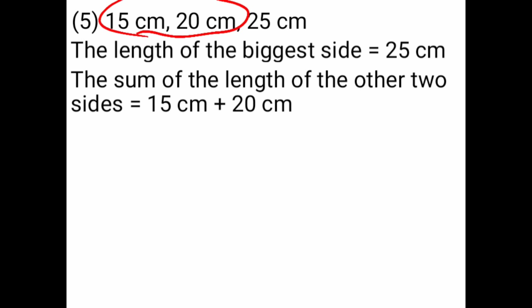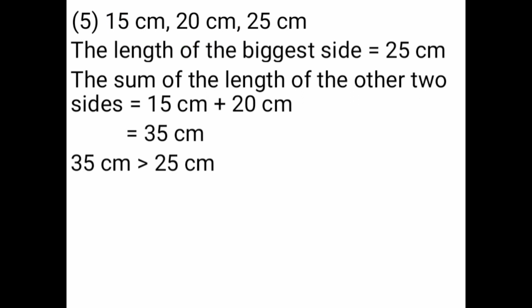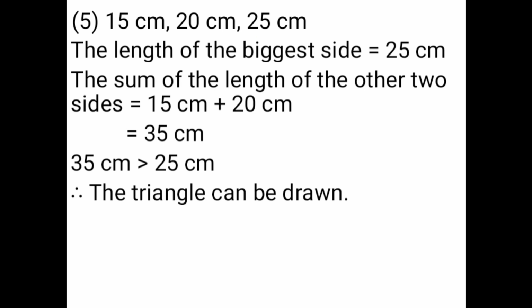These two numbers added, 15 centimeter plus 20 centimeter, the answer is 35 centimeter. So after adding these two smaller numbers, 35 centimeter is greater than 25 centimeter, which is the third side or biggest side. Therefore, the triangle can be drawn.